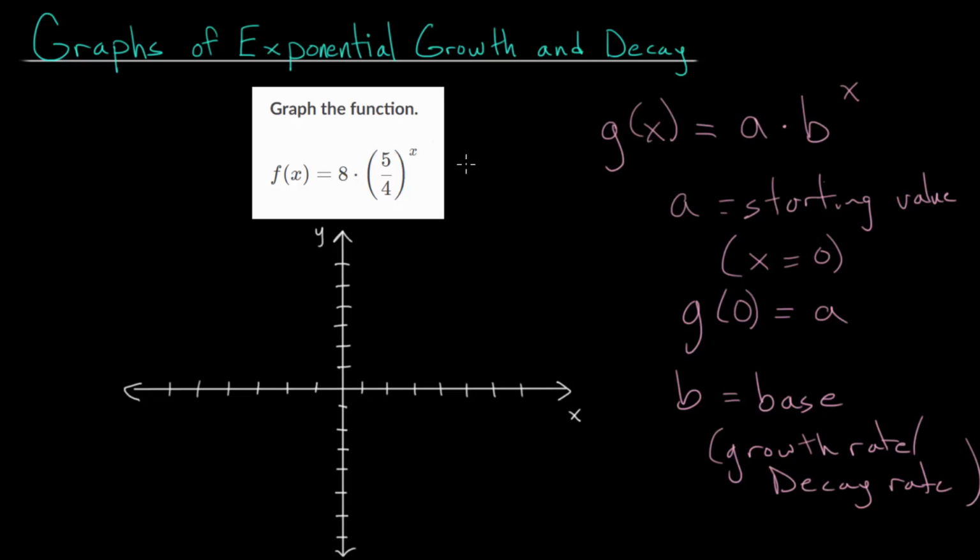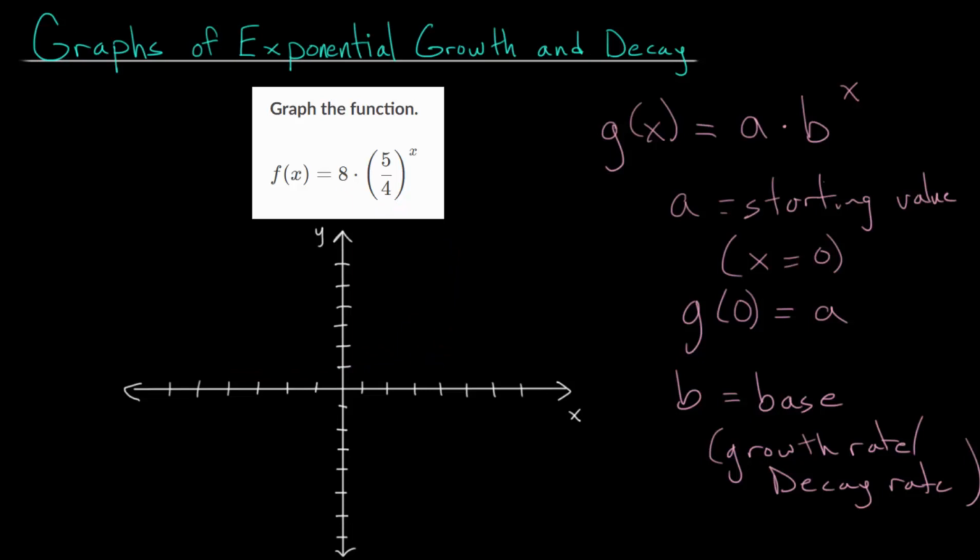So looking at this function here, we have our starting value of 8, and we have our base here, which is 5/4. And since this is bigger than 1, we're going to be dealing with exponential growth. So it'll look something like this, where it's going upward. Whereas if we had decay, it would be coming downward like that as x gets bigger and bigger.